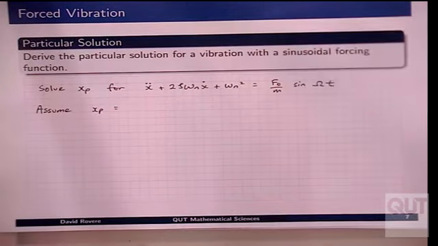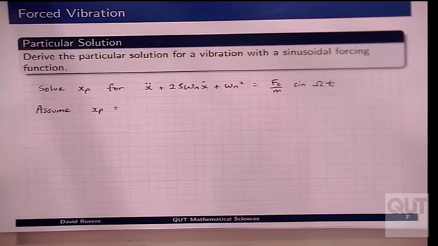So we need to make some sort of assumption about the general form of xp, the particular solution. Because the right-hand side is a sinusoidal function, we assume xp is also a sinusoidal function. Now, in its final form, we like to have a single sine function with a phase shift.